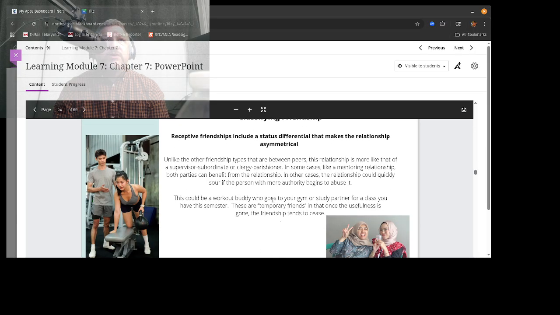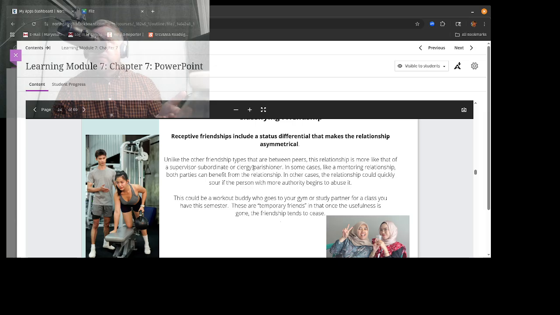And then, of course, receptive friends are a different animal entirely, and they contain a status differential that makes a relationship asymmetrical. You might think of a pastor of a church or a priest. Your supervisor sometimes can become a bit of a friend, right? They're receptive friendships, but they're a little different.